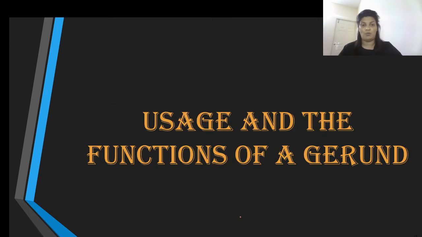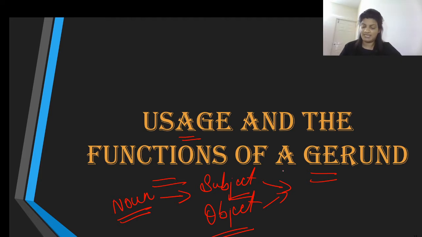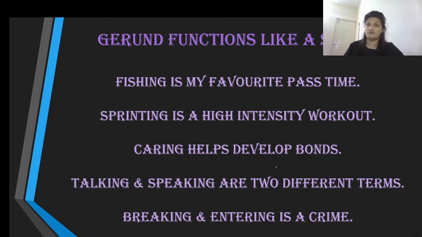Now the next one is to learn the usage and the functions of a gerund. A little while ago, I told you that a gerund functions like a noun, didn't I? Now, what is the function of a noun? To function like a subject or an object, right? Which means gerund will also function like a subject and like an object as well. Let us try and take a few examples of this and analyze.